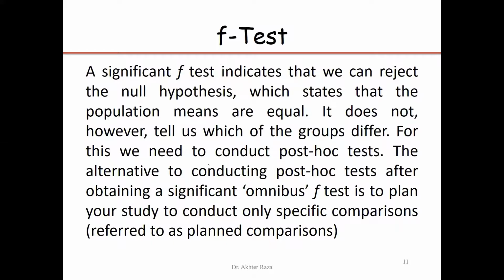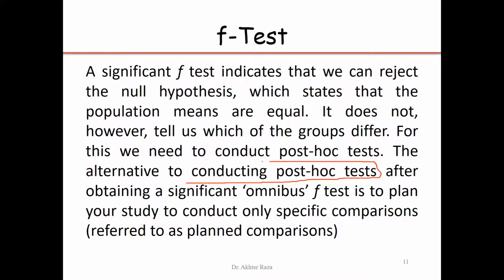The F statistic indicates that we can reject the null hypothesis if the value of the statistic is high. So if the value of the statistic is high, then we can reject the null hypothesis. Then to find which means are the same and which are not, we have to conduct another procedure named the post hoc test.